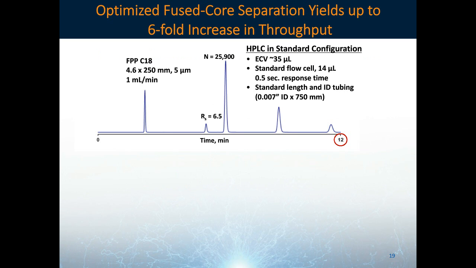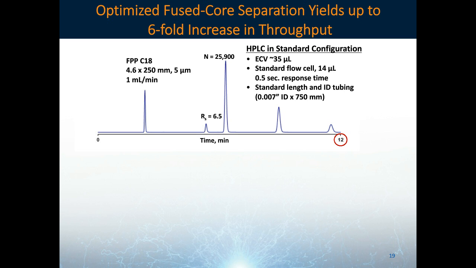Here we're showing an optimized fused core separation that yields up to 6-fold increase in throughput. So this chromatogram that's shown here is run on an HPLC in standard configuration with extra column volume of approximately 35 microliters. It's using a large volume flow cell at 14 microliters and the standard response time, and then the standard length and ID of tubing.